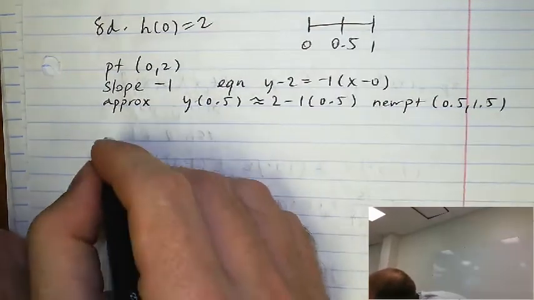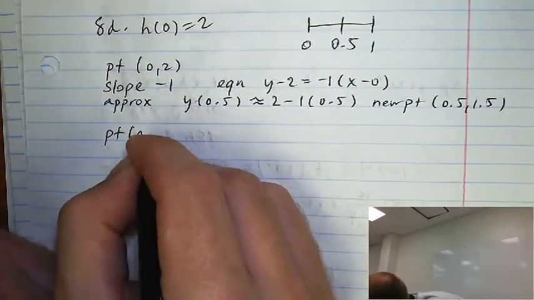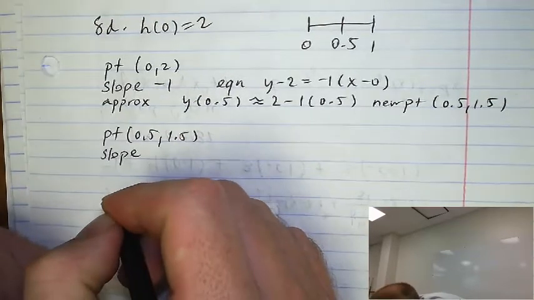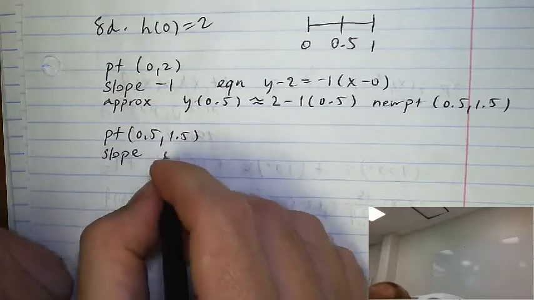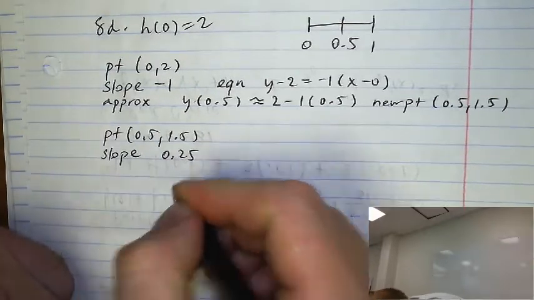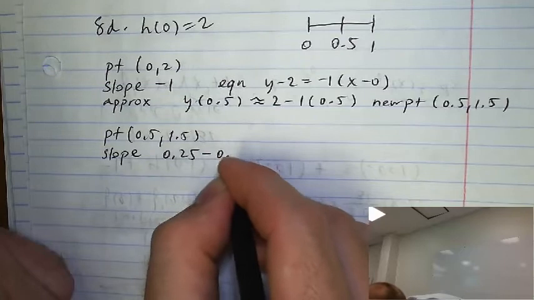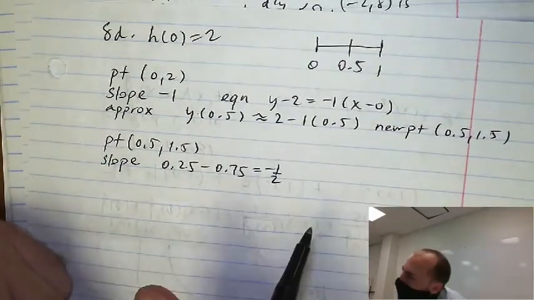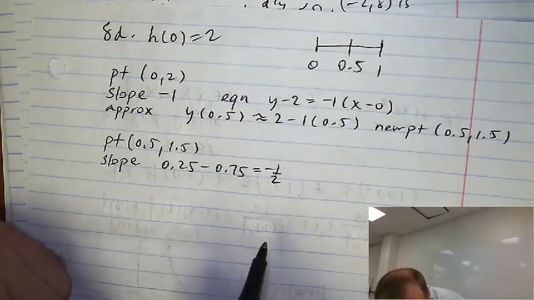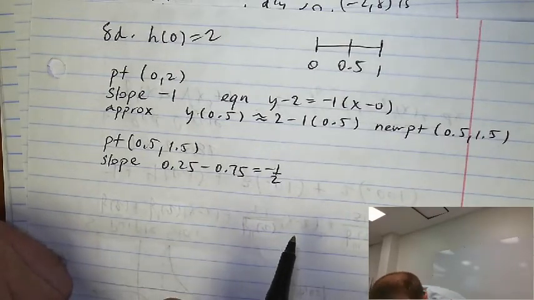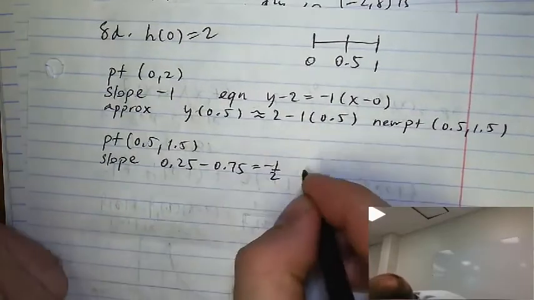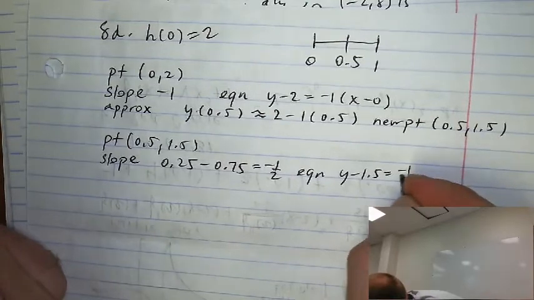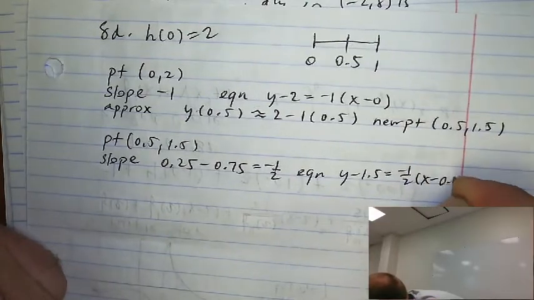All right, now I've got my new point, got a new slope, x squared minus half y. Okay, that's fine. The arithmetic on these Euler's methods never ends up too bad. And, okay, oh yeah, equation. y minus 1.5 is equal to -1/2 of x minus 0.5.